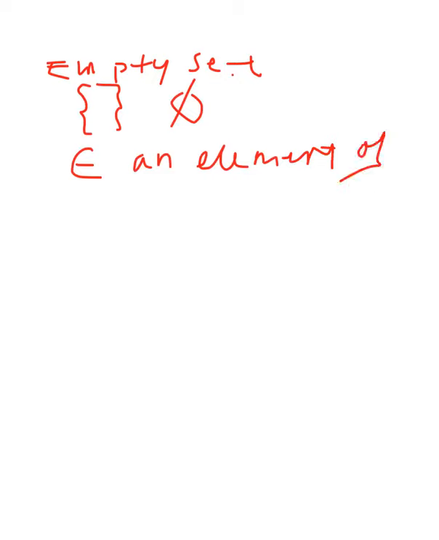The empty set, we've got the braces for this. This symbol right here represents an element of. And then we've got this one right here, which is not an element of, when you strike through it.